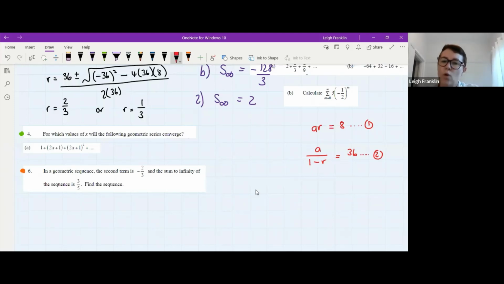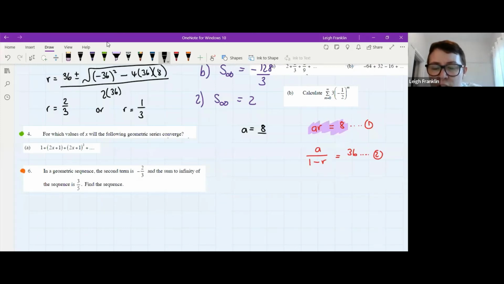Because the question wanted us to solve for R, I suggested that when you rearrange the equation I've highlighted in purple, make A the subject of the formula. Then you can sub in and get rid of that A, and have everything in terms of R. It just helps you to work a little bit smarter.